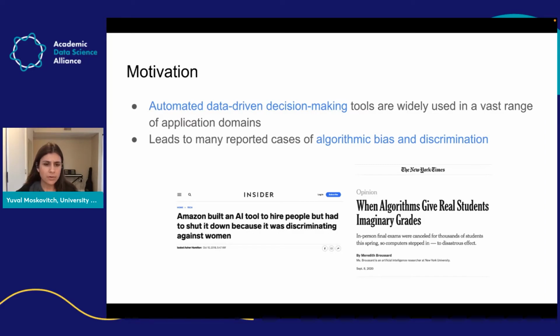For example, a tool developed by Amazon to filter out job candidate resumes was discriminating against women, or an algorithm that was used to grade students instead of exams that were canceled due to the pandemic turned out to be biased against high achieving students from low income families, like a native Spanish speaker who failed their Spanish exam.